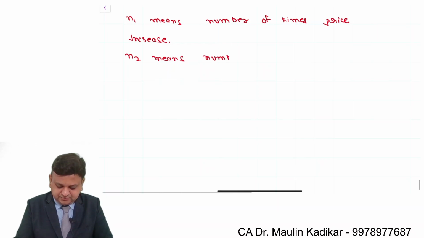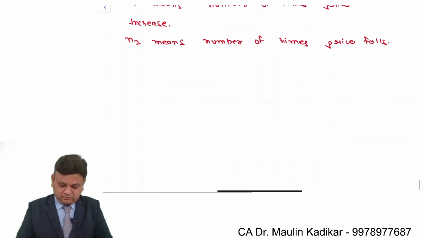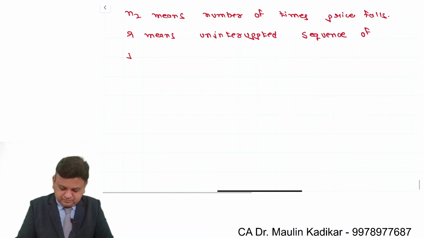N2 means number of times price falls. R means uninterrupted sequence of price change.